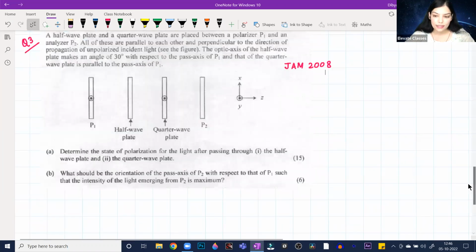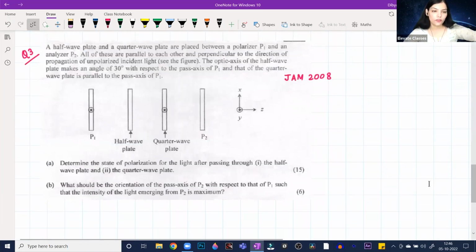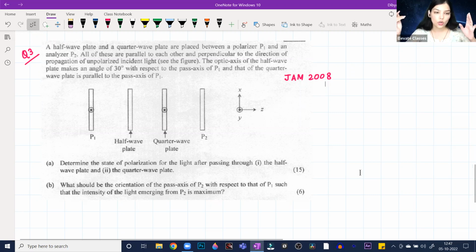So the question is saying that a half wave plate and a quarter wave plate are placed between a polarizer and an analyzer. So I have a polarizer in the front and analyzer at the back. So all of these are parallel to each other and perpendicular to the direction of propagation of unpolarized incident light.